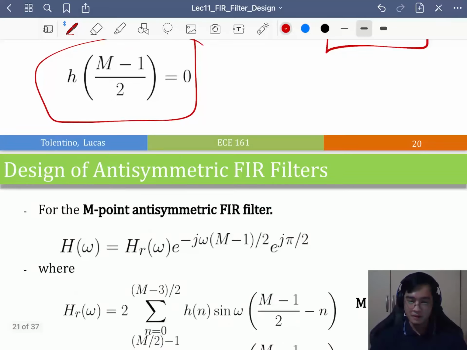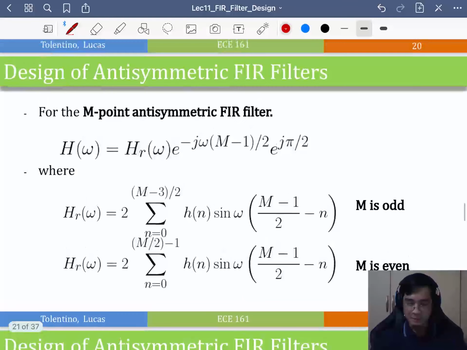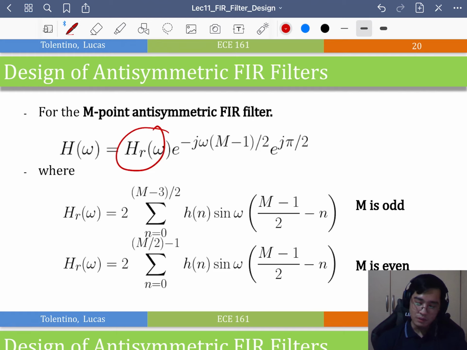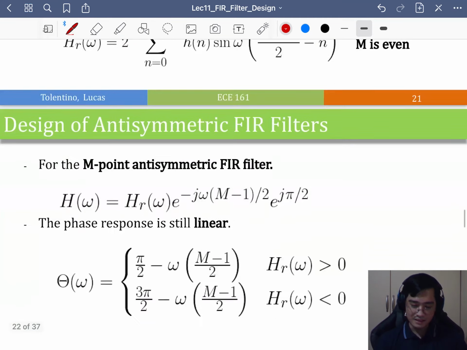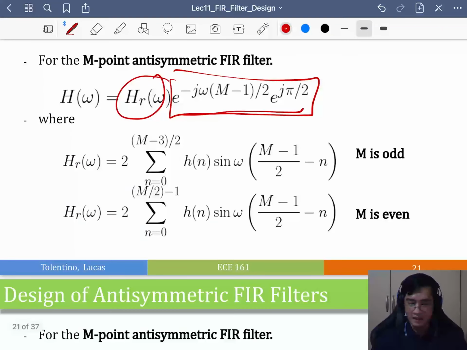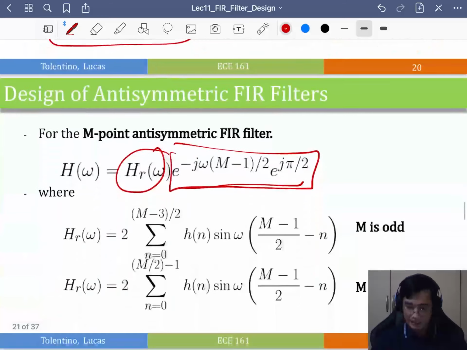So, we skip the derivation, but basically we follow the same form. H of omega is some real function multiplied by this. So this one is our phase response already. So take note; we'll just check later. And you can see that instead of a cosine, we have a sine here.